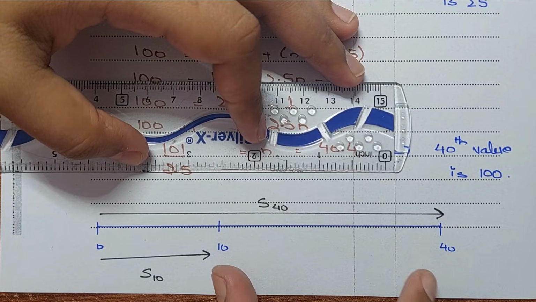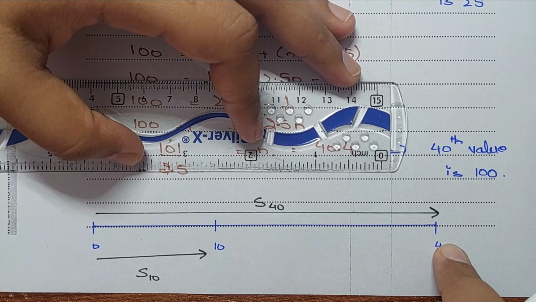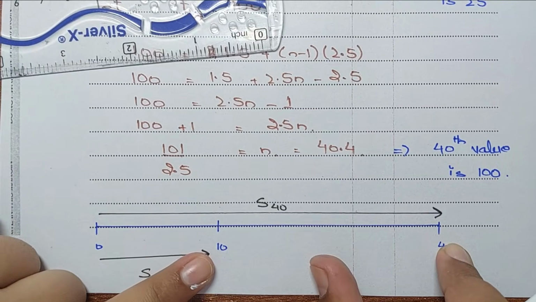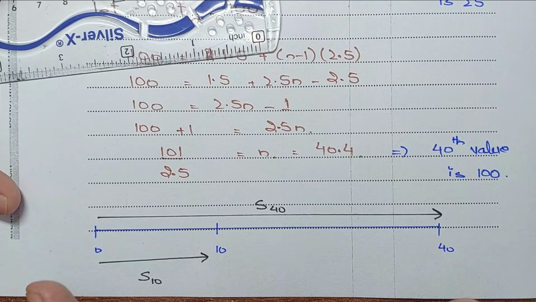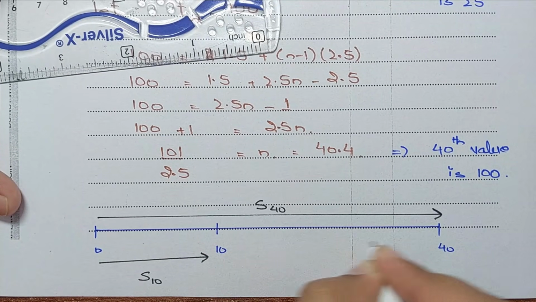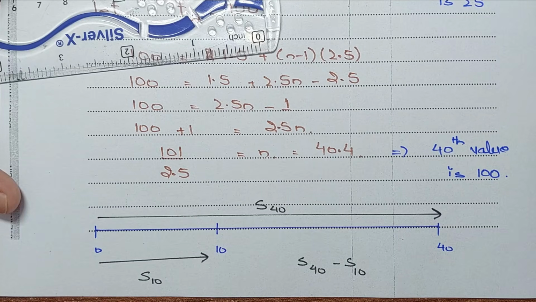How can we find the sum between the 10th and the 40th term? The 10th term gives you the value of 25 and the 40th term gives you 100. From the whole sum, subtract this, and you will get the sum of these two. So the sum will be S40 minus S10. You will get the sum of all the terms which are between 25 and 100.